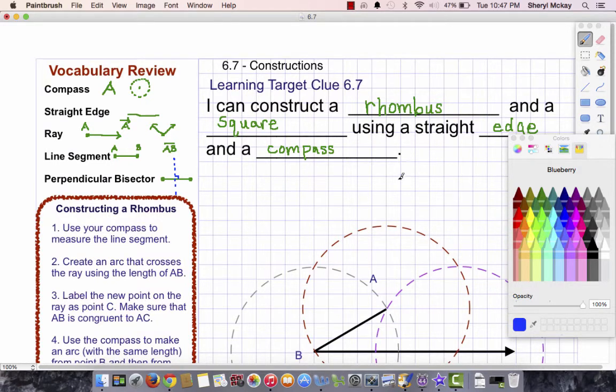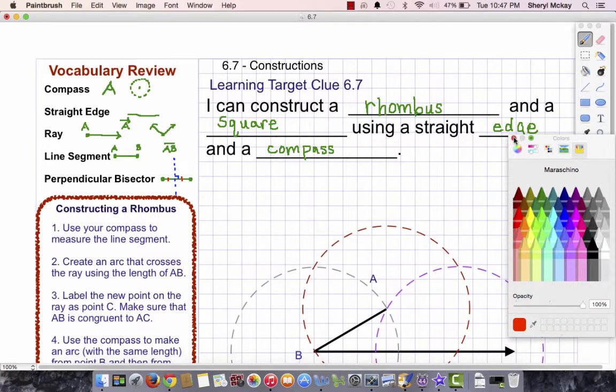But the bisector part means that it has taken our line segment and divided it into two equal parts. Okay, so this side is equal to this side. Okay, so if we measured from this endpoint to the bisector, it would be a value, and when we measure from the bisector to the other endpoint, it should be the same value. So it's bisecting it, turning it into two equal parts.